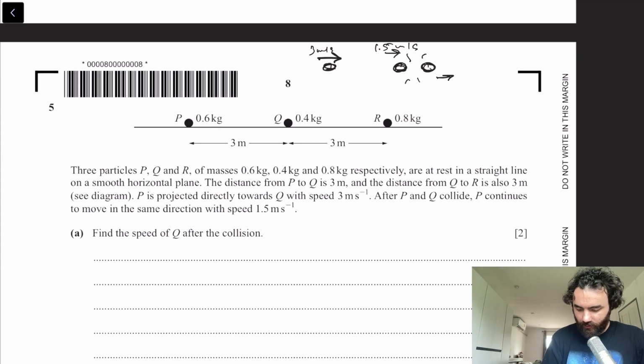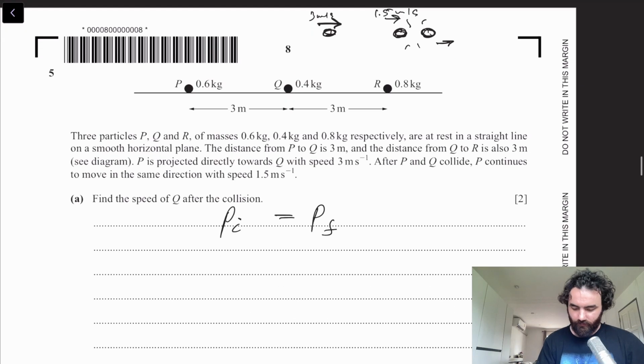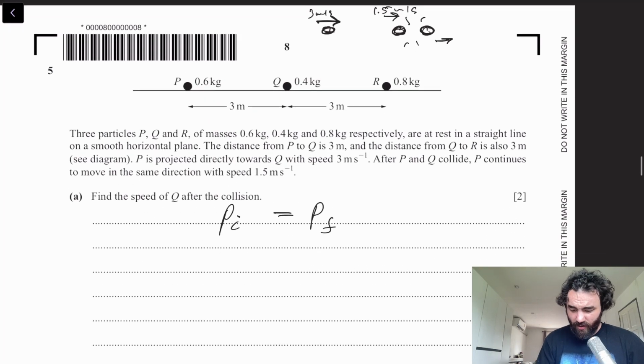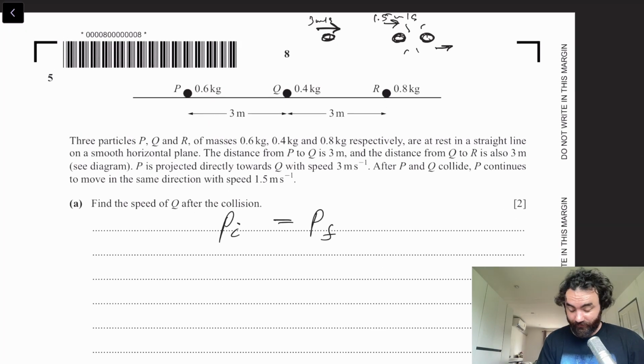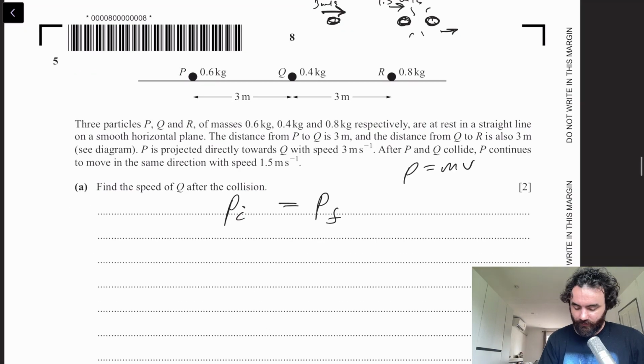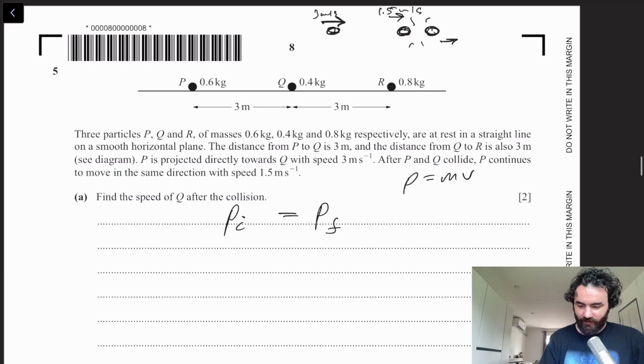Okay, so the initial momentum equals the final momentum. Momentum is conserved, and momentum is equal to mass times velocity. So the initial momentum of this system, well, Q is at rest, so it has no momentum, so it'll just be P. The initial momentum is the mass of P times the initial velocity of P, which is 3 meters per second.